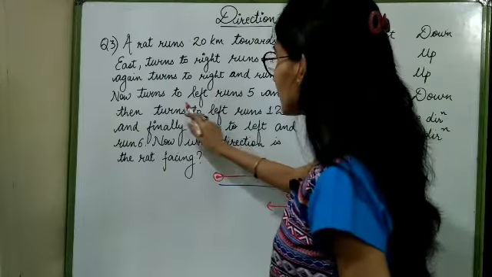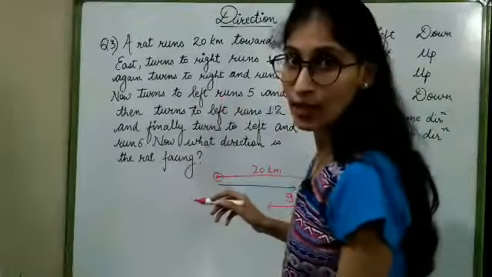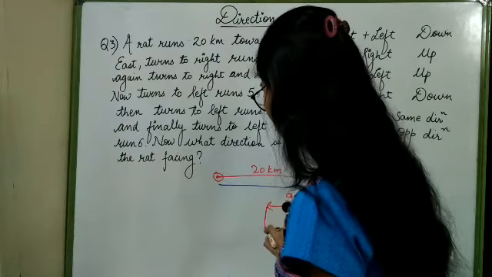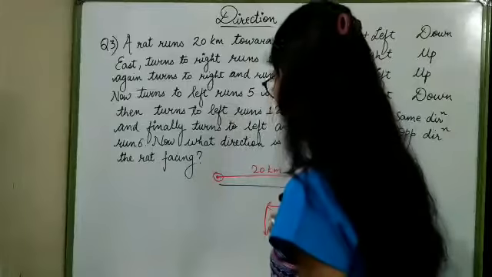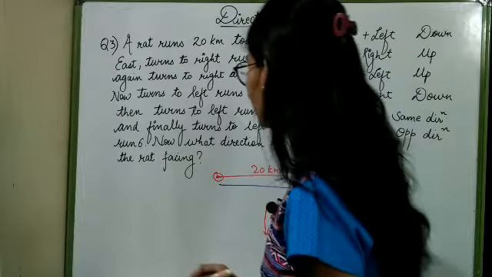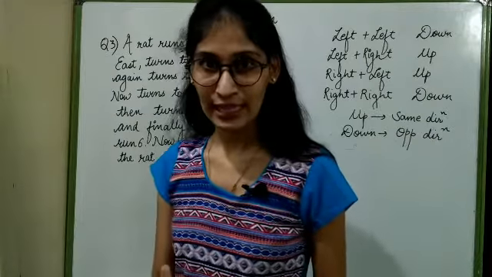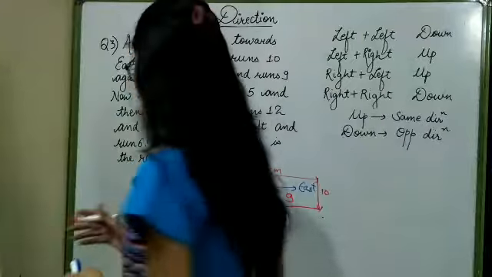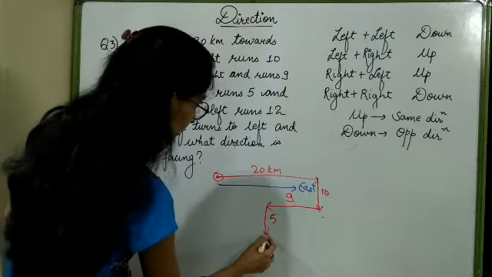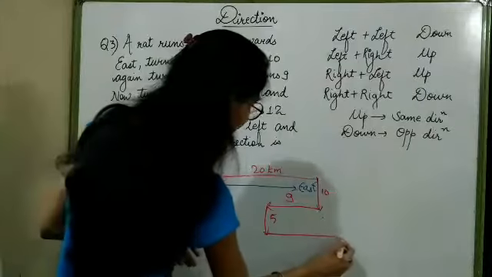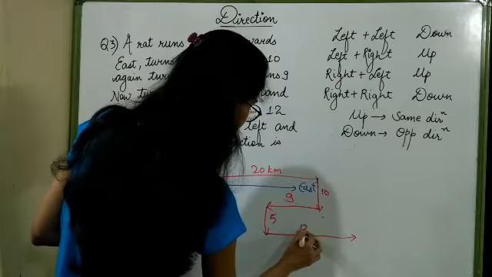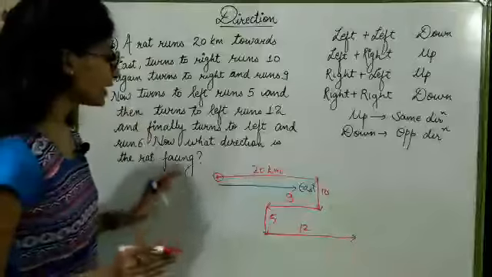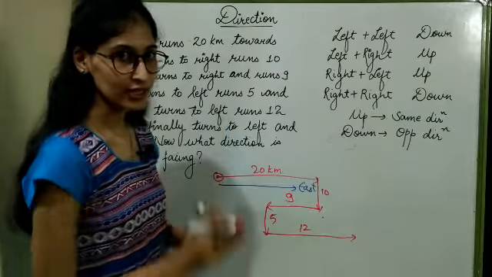Next statement is turns to left. My left will be downward. Turns to left and runs 5. I am facing like this. My left will be in this direction. So again turns to left and runs 12 kilometers more. Finally, I am facing this direction.